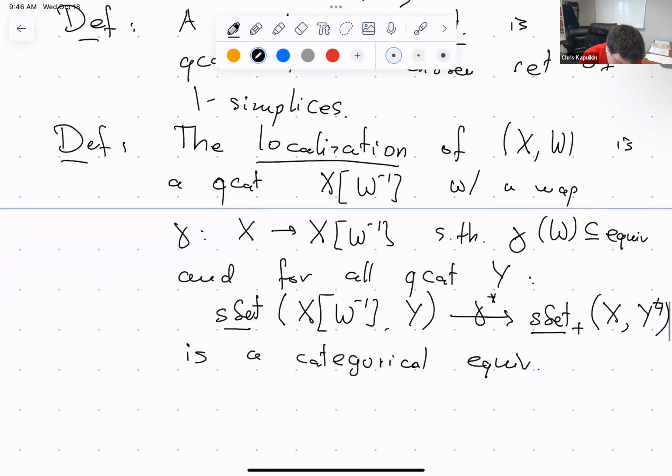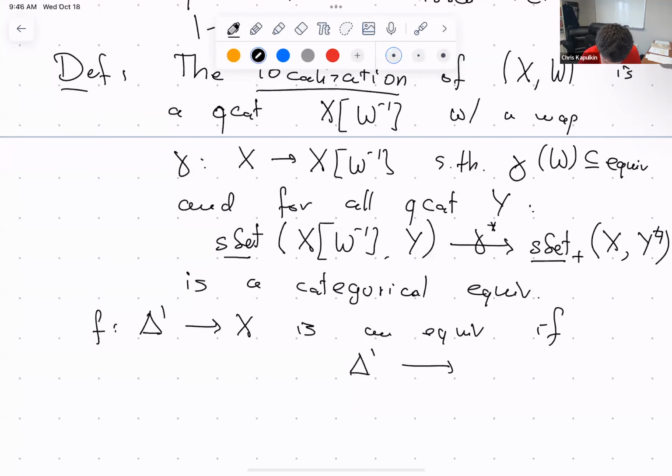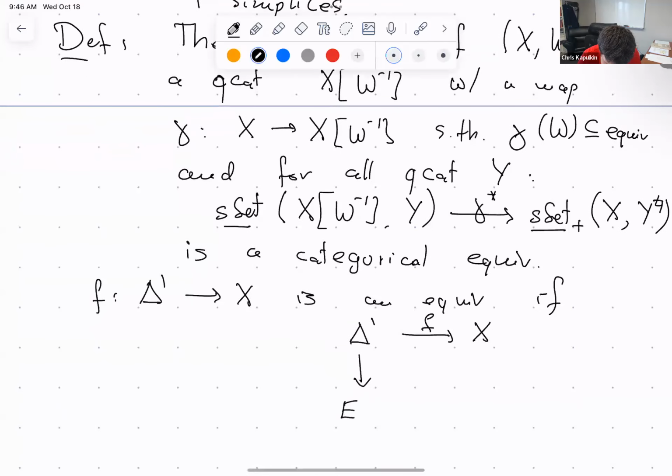A one simplex, which I can view as a map from delta 1 to X, is an equivalence if I have delta 1, that's my f, going into X, and this embeds into what I would call E1. Just like delta 1, the representable, is the nerve of 0 less than or equal to 1, E1 is the nerve of 0 isomorphic to 1.